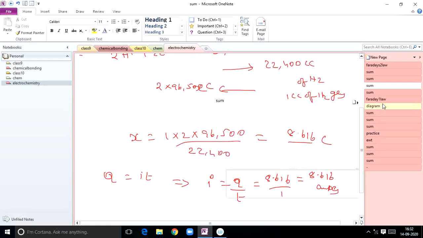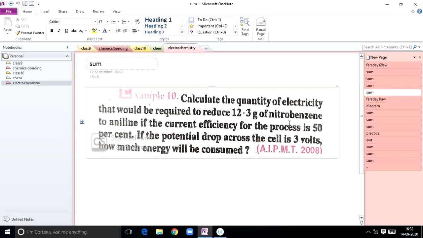Next, this is completed. Question 10: Calculate the quantity of electricity that would be required to reduce 12.3 grams of nitrobenzene to aniline if the current efficiency for the process is 50%. If the potential drop across the cell is 3 volts, how much energy will be consumed?